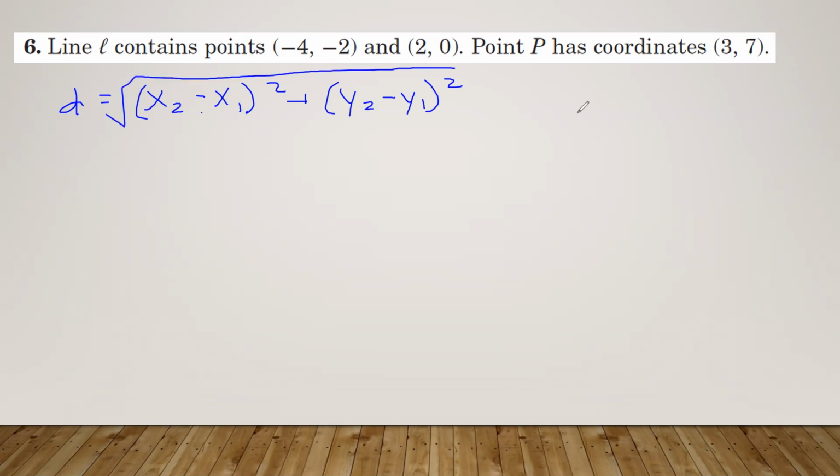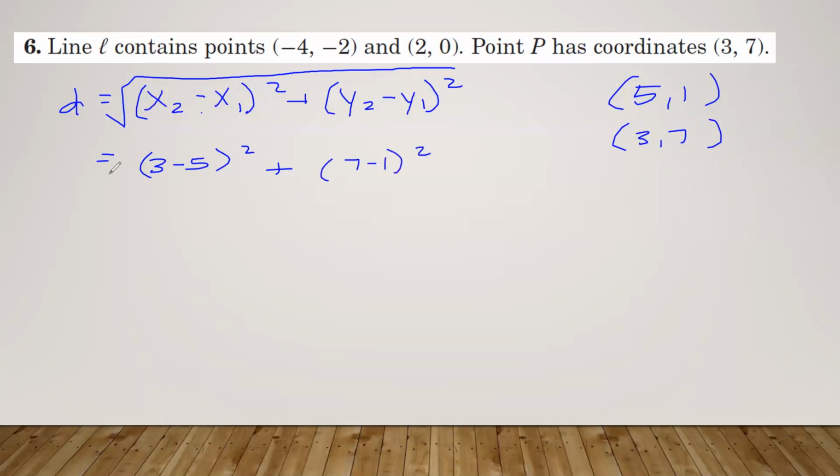And remember, the 2 points were 5 and 1, and 3 and 7. So I just plug everything in. Now 3 minus 5 squared plus 7 minus 1 squared. And then I end up with -2 squared plus 6 squared.